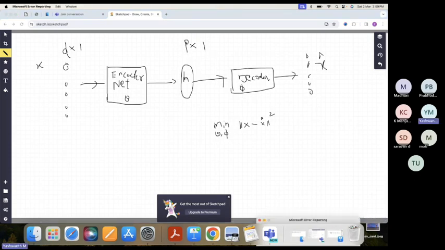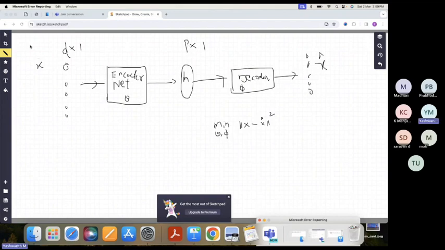Now, if P is greater than D, I think it is called overrepresented, and P less than D it is underrepresented.